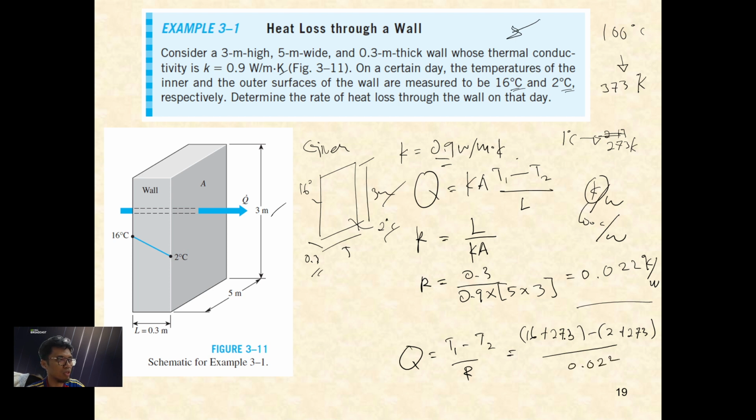Since 273 minus 273 is a constant, you can just cancel it out. So 16 minus 2 leaves 14. So 14 divided by 0.022, you can get your Q rate, which is 6630 watts. So this is your final answer for example 1.